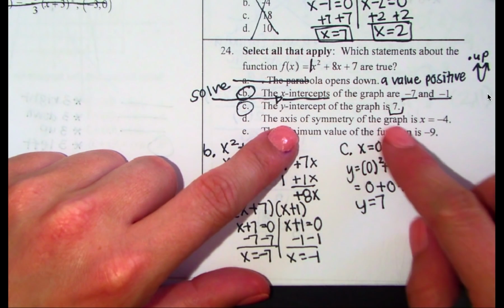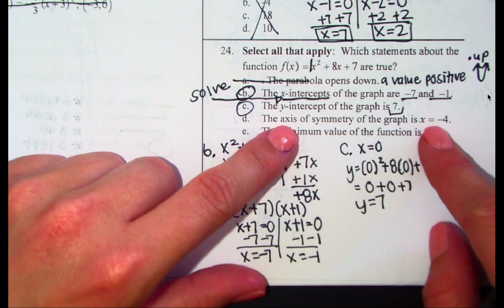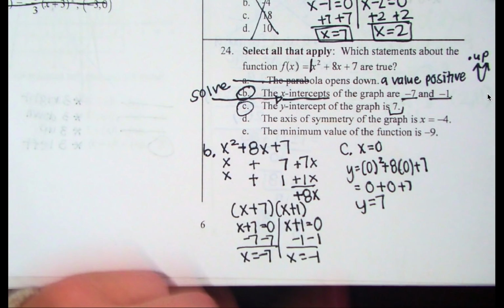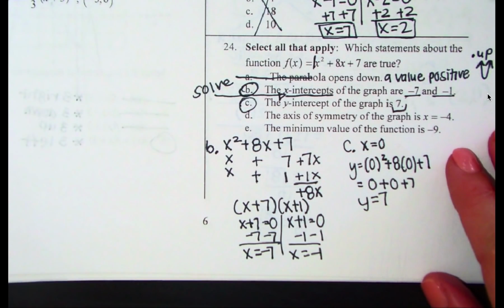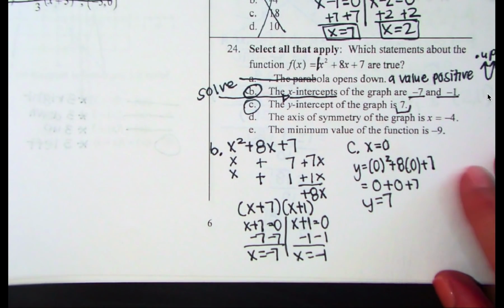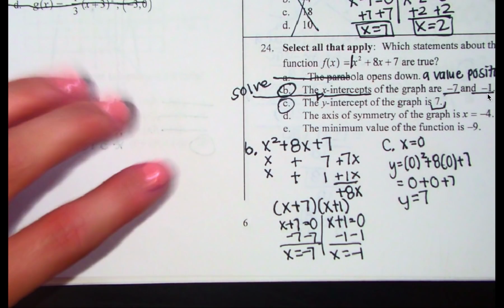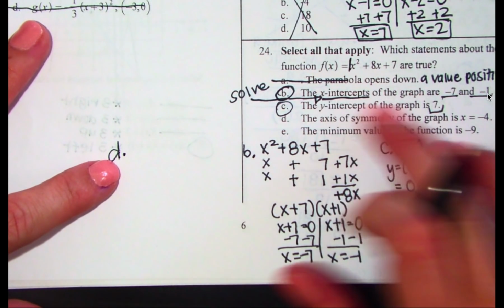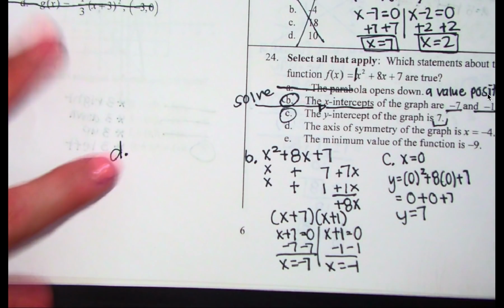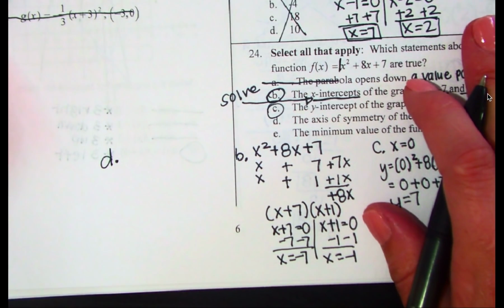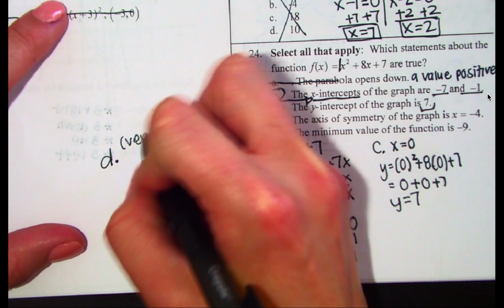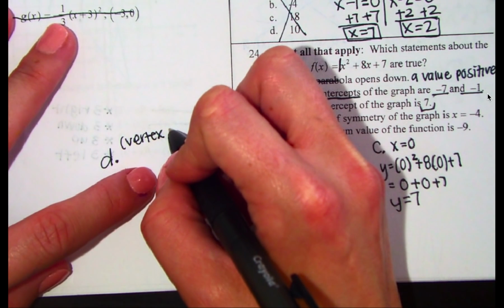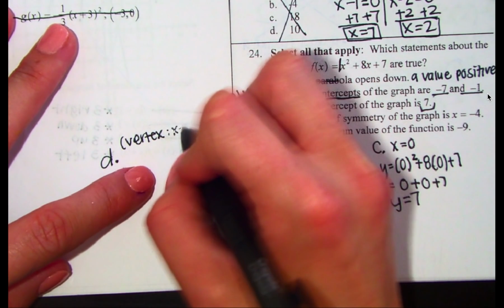They're asking if the axis of symmetry is equal to -4. So there's different ways that we can look at this one. I'm going to go ahead and move my paper a little bit to the side. Part D, we are looking at the axis of symmetry. So the axis of symmetry is basically looking at the vertex. It's looking at the x value in the vertex.